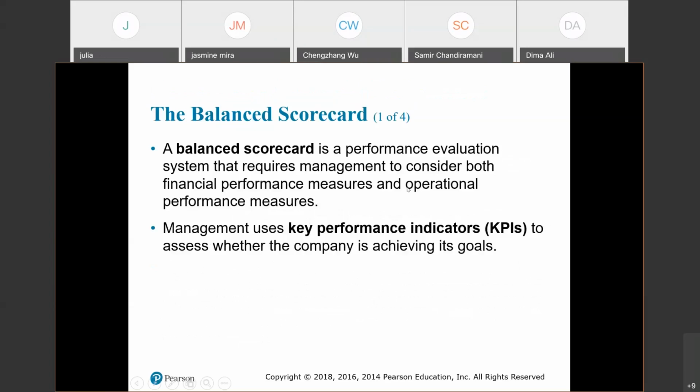So here, in this textbook, the Balanced Scorecard is introduced as a performance evaluation system. It is a performance evaluation system that requires managers to consider both financial performance measures and operational performance measures.